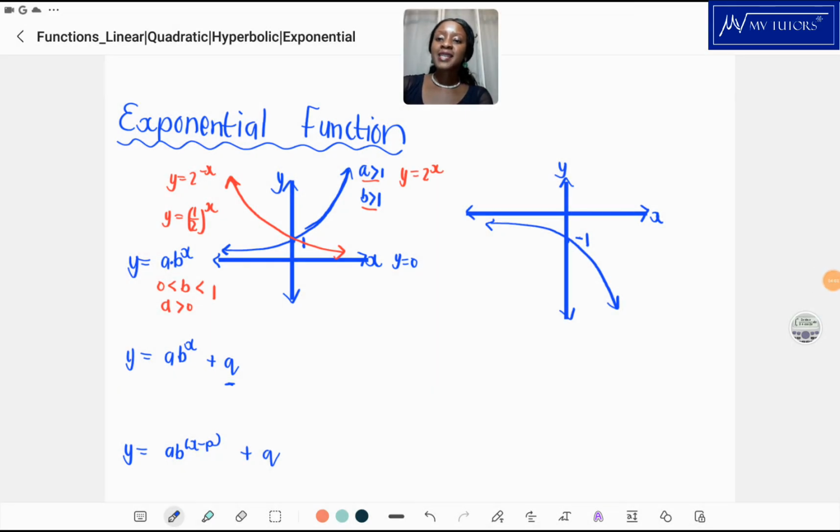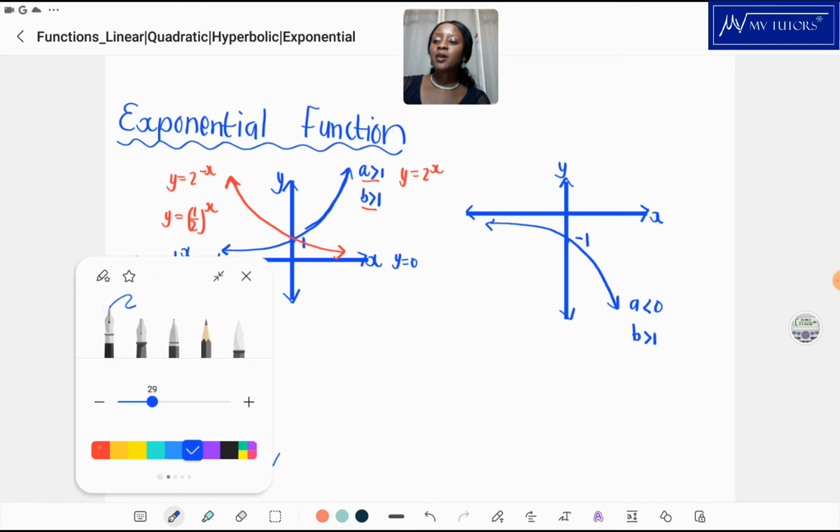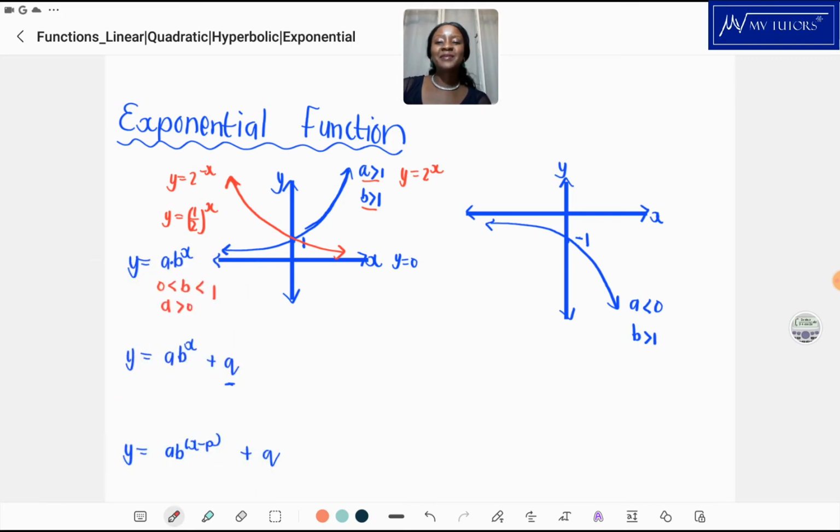In this case, a is less than 0, a negative value, and b is bigger than 1. But in a case where b is in between 0 and 1, it would basically do that.